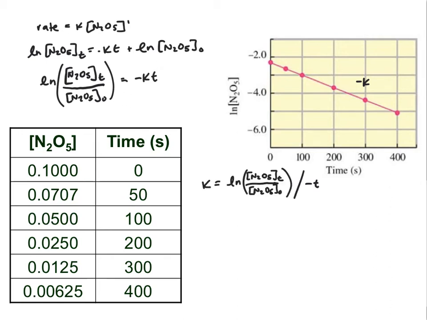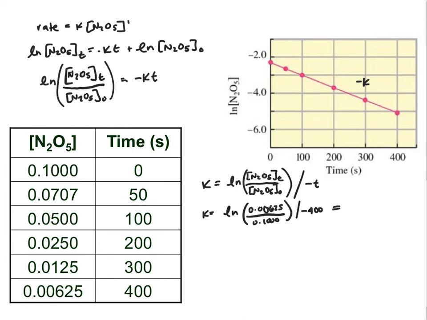So now that we've isolated k all by itself, we're going to plug in our concentrations and the corresponding times. We're going to use time 0 all the way to time 400 seconds. So we're going to use those two corresponding concentrations to plug into our values.